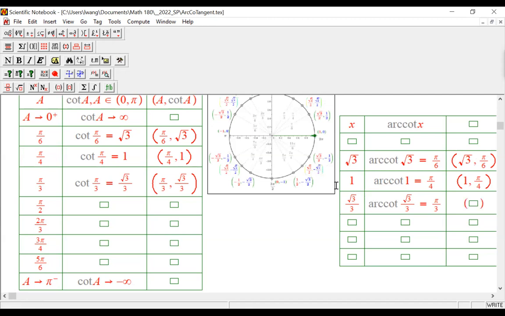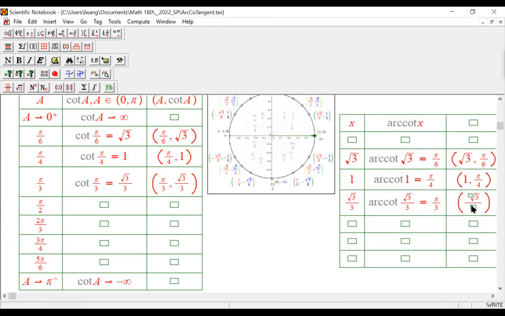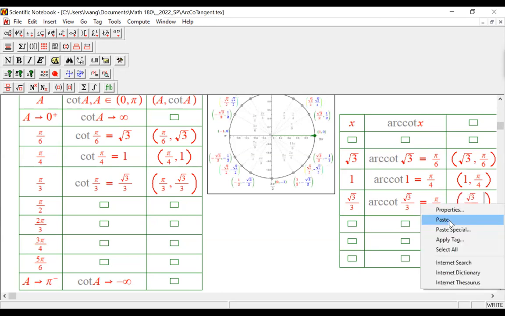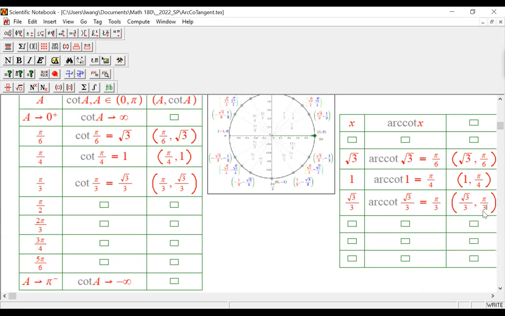And once we create this function, that program can handle any ratio and will produce an angle between 0 to pi. So for this one, it's √3 over 3, and the output is pi over 3.